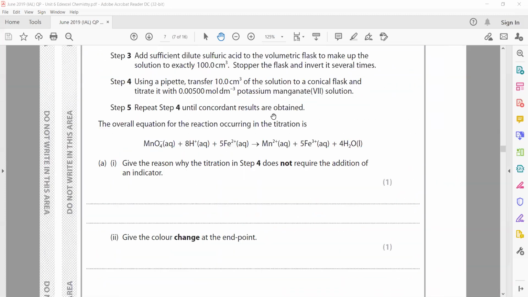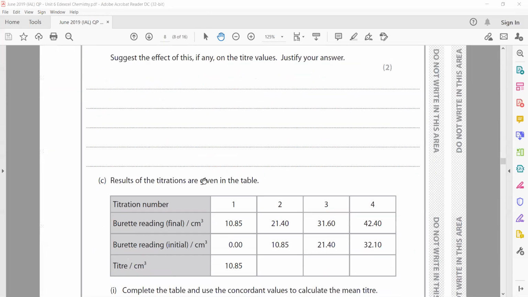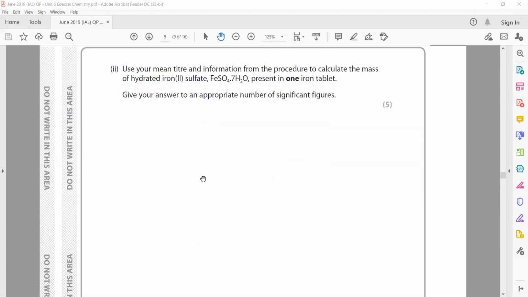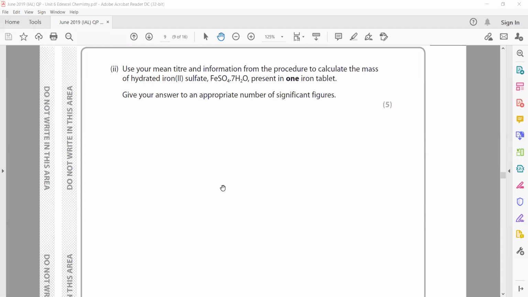This will be the mass in grams for 2 tablets, so the final mass will be divided by 2. So you will get the mass for 1 tablet. Is it clear? This whole part, the last one. Any doubt in this? To everyone, is it clear?